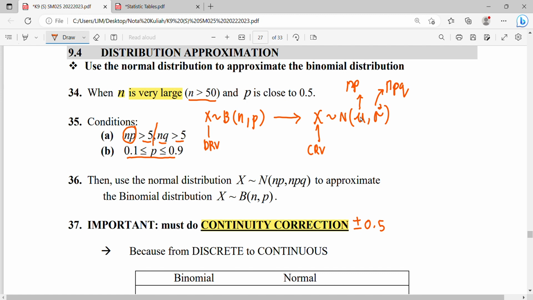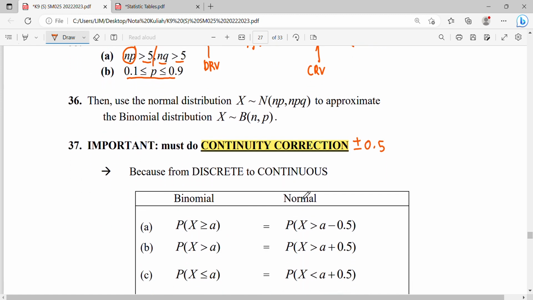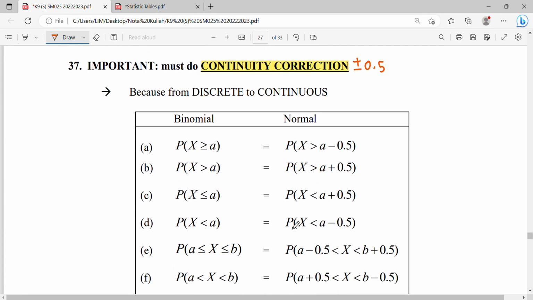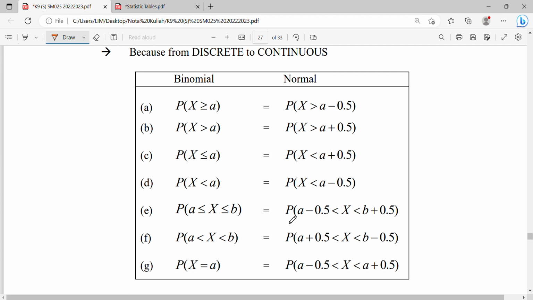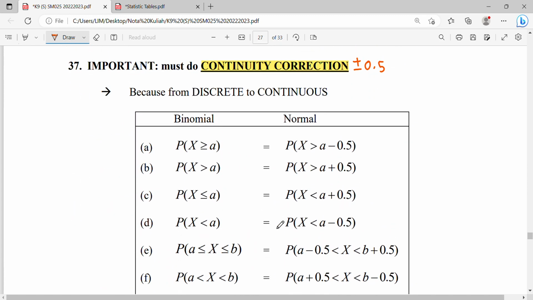Alright? So when you look at the question that is originally from binomial, we need to do continuity correction so that X is a continuous random variable. So how to do this continuity correction, whether you plus or minus, dia macam konsep letak boundary untuk discrete kamu.